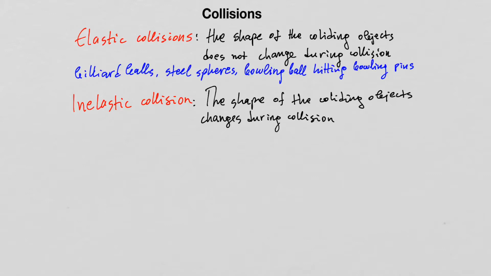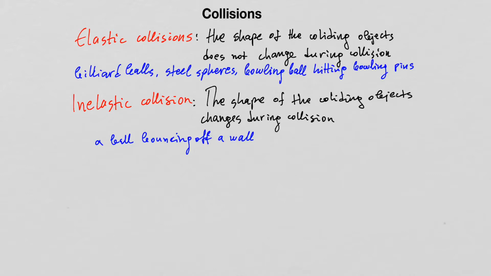For inelastic collisions, the shape of the objects changes during collision, and an example of such a collision would be a ball bouncing off a wall.